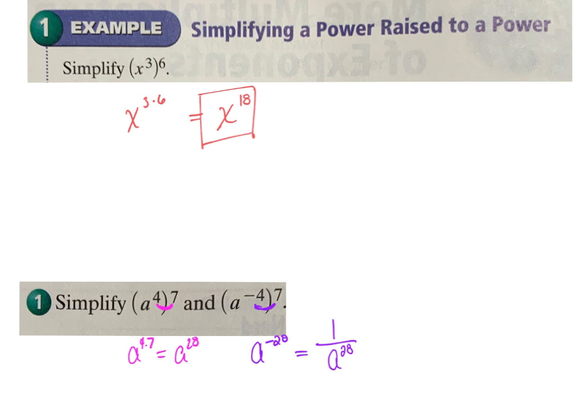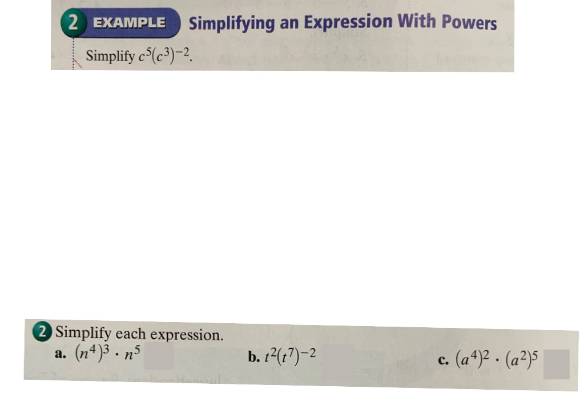Next example. For this one, we have like bases and we have a power to a power. You're going to think of almost like an order of operations here. You want to do your power to the power first, and then you want to do your multiplication of your like bases. So you want to take this right here and simplify it first. So we have c to the 5th times c, 3 times negative 2 is negative 6.